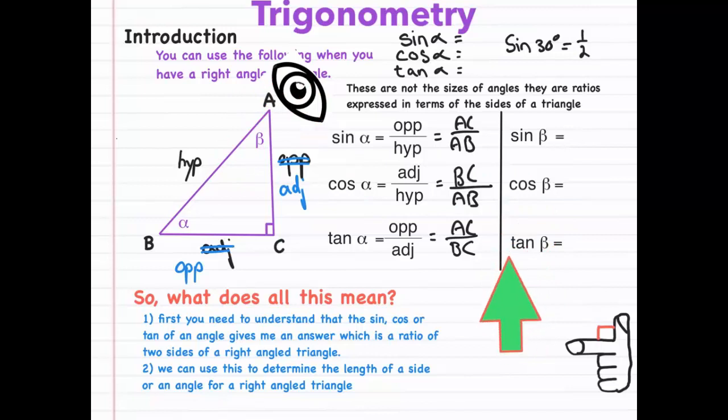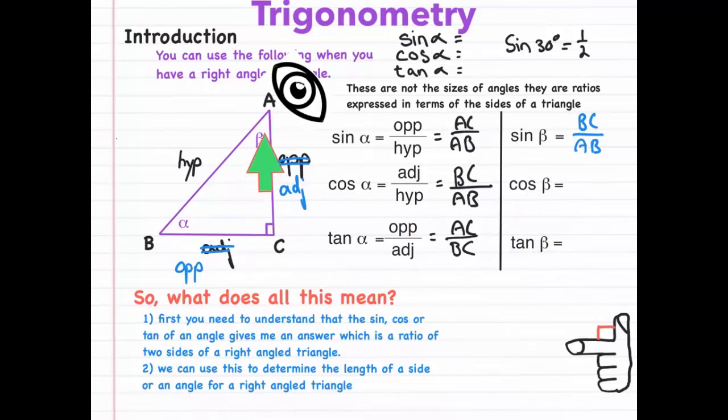Okay, great. So now let's go and write the sine of beta in terms of the sides that's given here in the triangle. So the sine of beta, any sine is always my opposite divided by my hypotenuse. Now this is my opposite, which is BC. So I can write here, and I'll do that in blue. So it's BC divided by my hypotenuse, which is AB. Okay, great. Now, how about the cosine of beta?